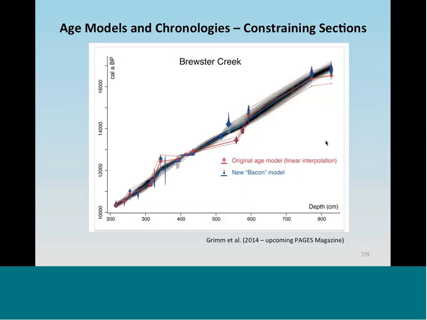Geologic ages are not just a matter of direct numerical age estimation. Oftentimes, those direct numerical age estimates are used to calibrate age estimates for other horizons. And that process adds an additional layer of uncertainty.